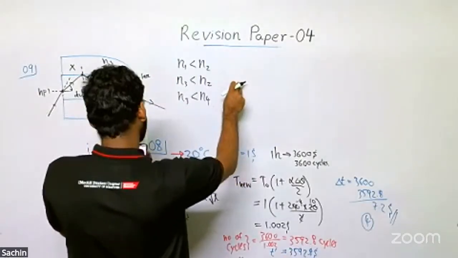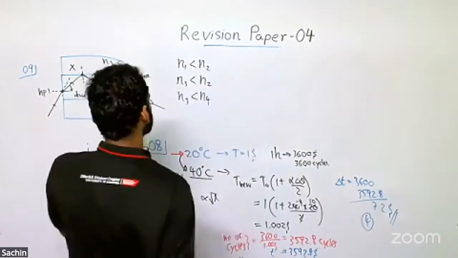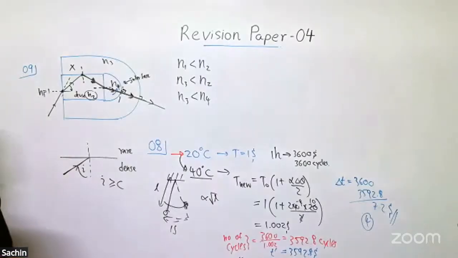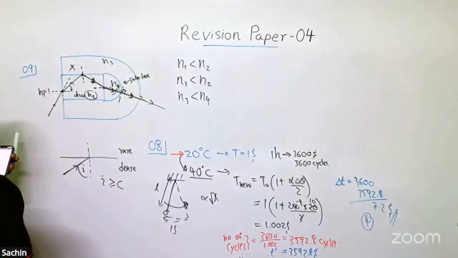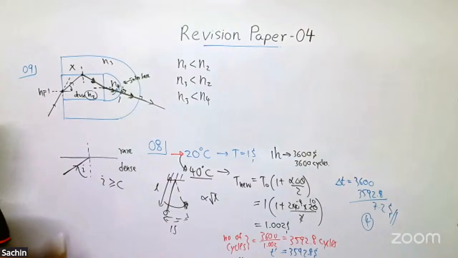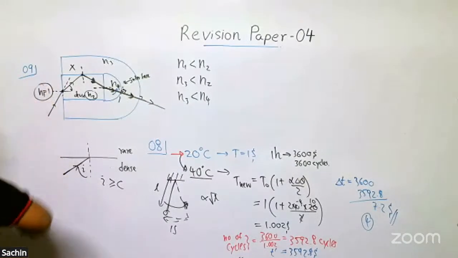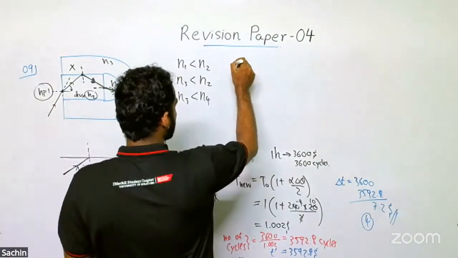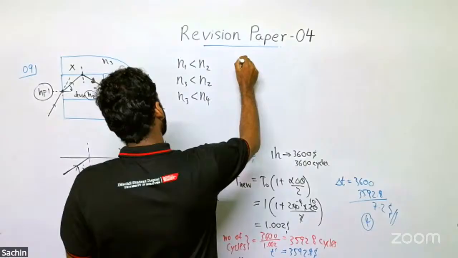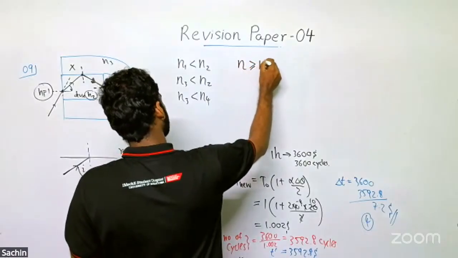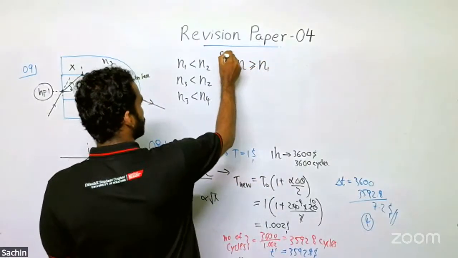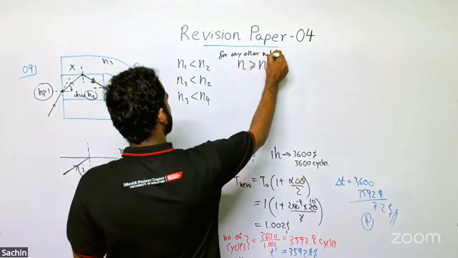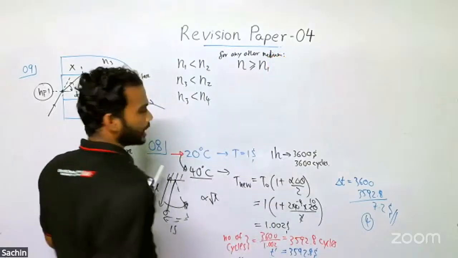So using this, what can we ensure? N1 means the refractive index of air. So we know compared to air, for any other medium, the refractive index should be higher.